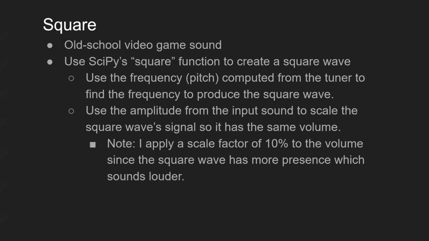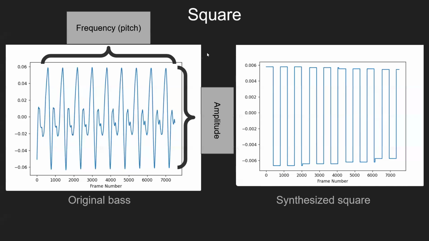We use the input frequency and the amplitude that we calculate from the base, and then use SciPy to generate a square wave to make it sound like a synthesizer. The original base is on the left, we compute the amplitude from it, we get the frequency or pitch exactly like in the tuner, and then SciPy creates that little square looking thing.